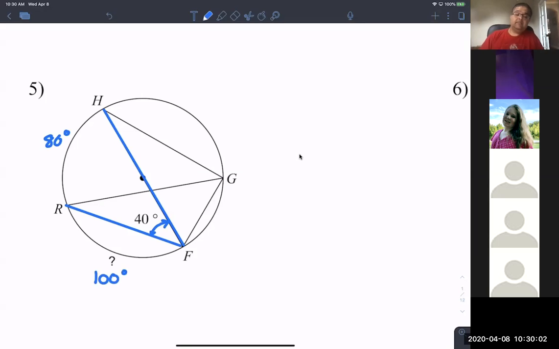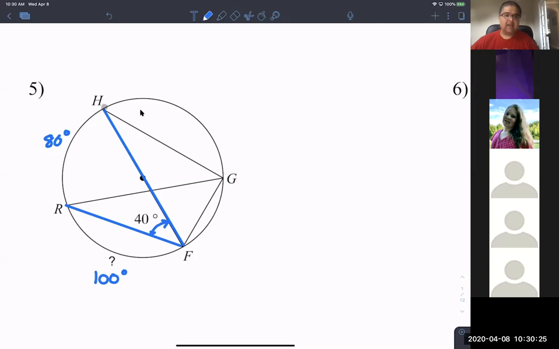Because H and F is the diameter and it makes a semicircle, and a semicircle is 180 degrees. Right. So this is an entire semicircle right here, from H all the way to F. How do I know this is a semicircle? Because it's half a circle.